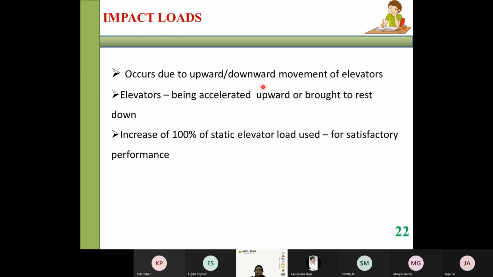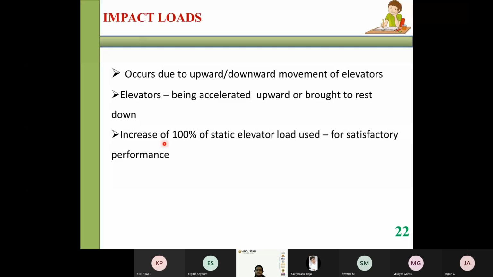Then, elevators being accelerated upward or brought to rest down: that is what I am telling. When the elevator is accelerated upward or is coming down and brought to rest, it will create an impact on the roof slab or the floor slab. So an increase of 100% of the static elevator load is used for satisfactory performance.